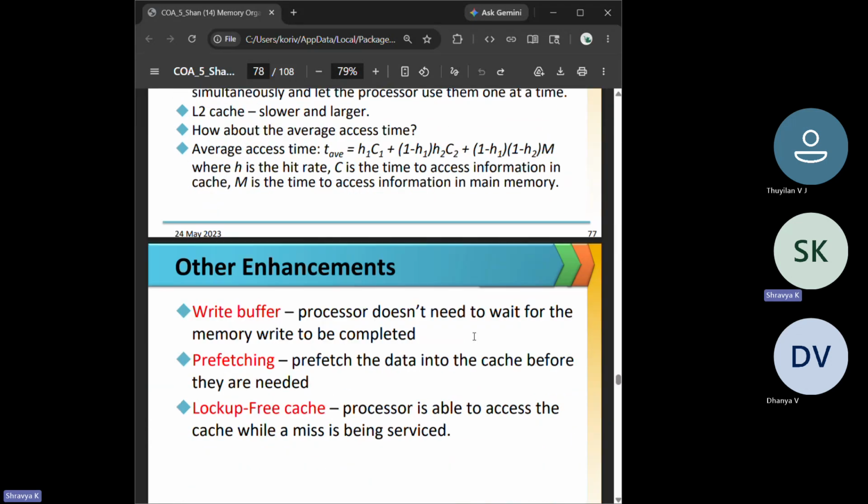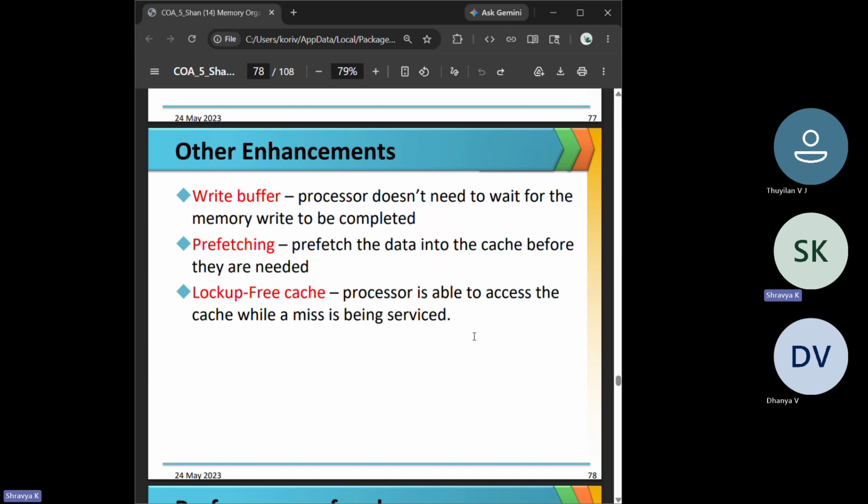There are some other enhancements that you can do. You can use a write buffer, so the processor doesn't need to wait for the memory write to be completed. As we know, writing in the memory can take more time than writing in the cache, and if there is a need for writing in the memory, the processor will need to wait for that.